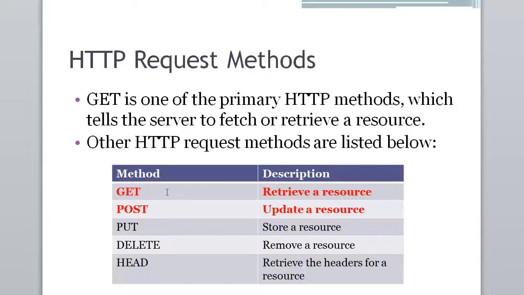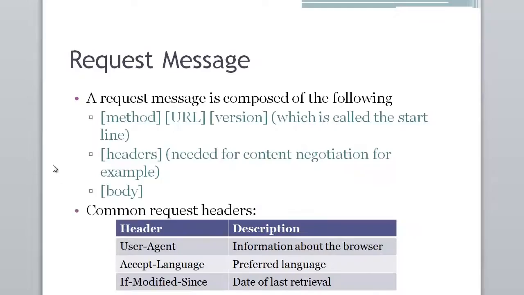So get is to retrieve a resource. Post is to update a resource. Usually you are sending data and you are waiting for a response. In a get, you are just simply saying, let me read that resource from the hard drive without sending any additional data. So let's see how the request message looks like.